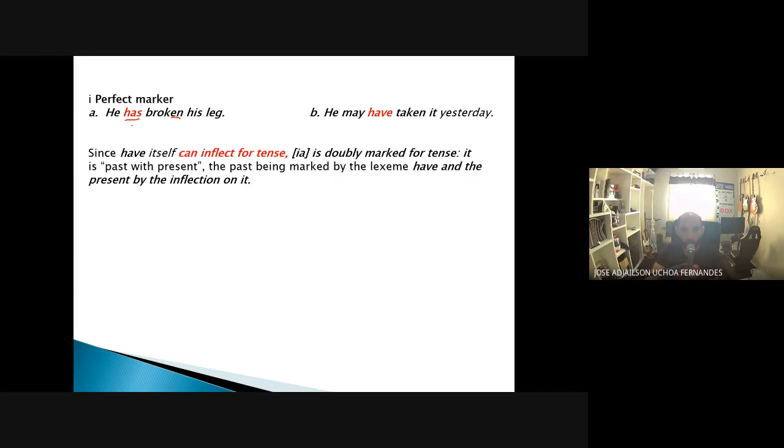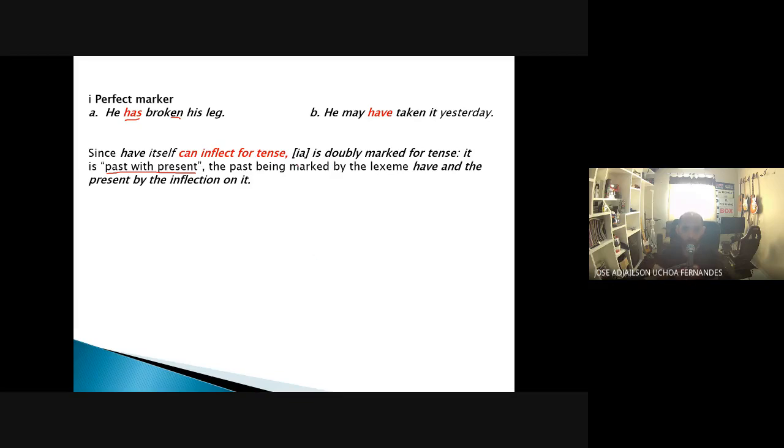This verb tense here being the simple present, or the plain present, to use a more technical term, and this one, the participle form. So it is called past with present.